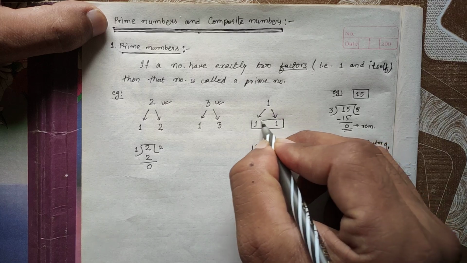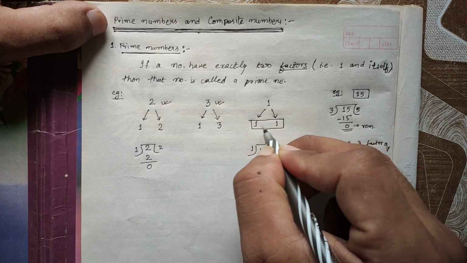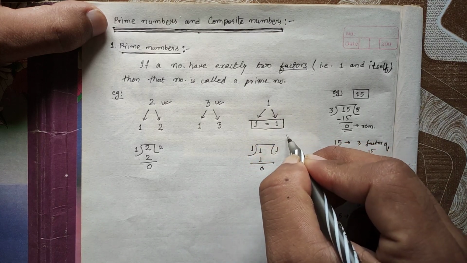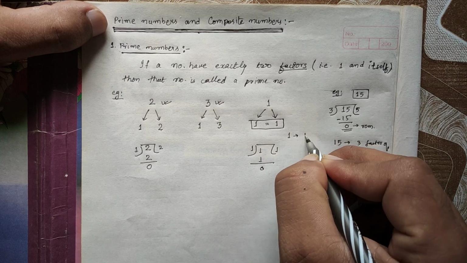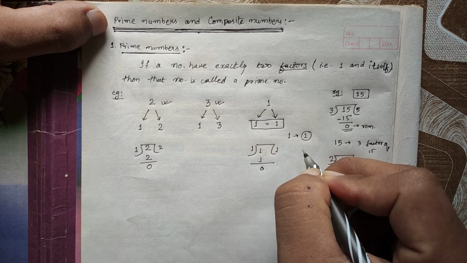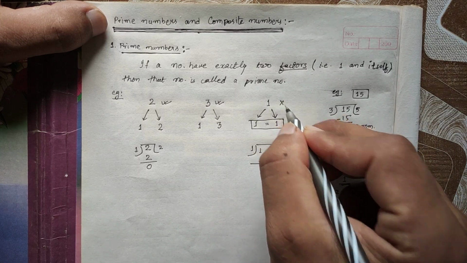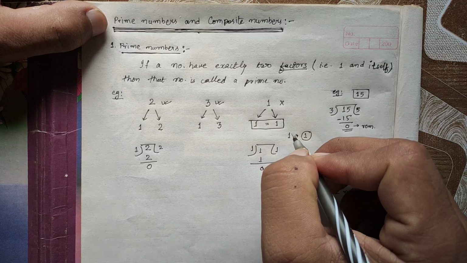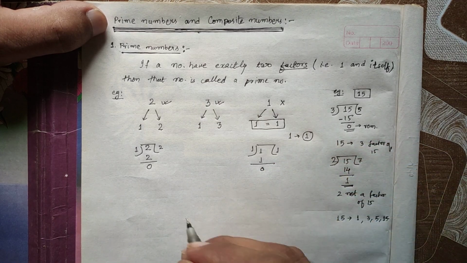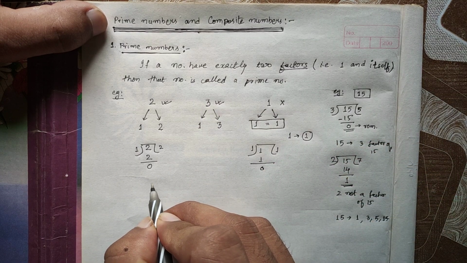So its factor is only 1, not 2. So 1 has only one factor, that is itself. There are no two factors, so it is not a prime number. Similarly, check for 4.